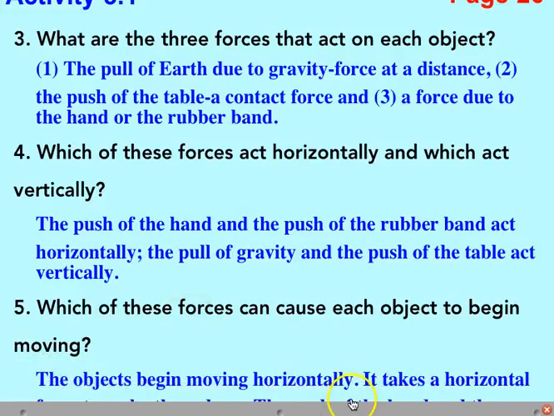Well, the objects began moving horizontally. We don't quite see the bottom of this, but it says the objects began moving horizontally. So it took a horizontal force to cause the ball and the marble to move horizontally. They didn't move vertically because it would take a vertical force to cause them to move vertically.